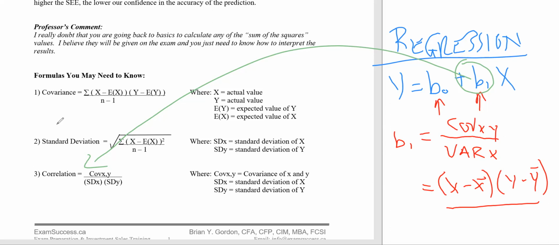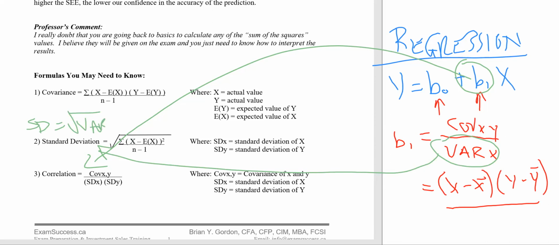So what's the variance of x? Well, the variance of x is related to our standard deviation formula. Remember that standard deviation, SD, is simply equal to the square root of variance. Or you may just remember that variance, VAR, is equal to the standard deviation squared.